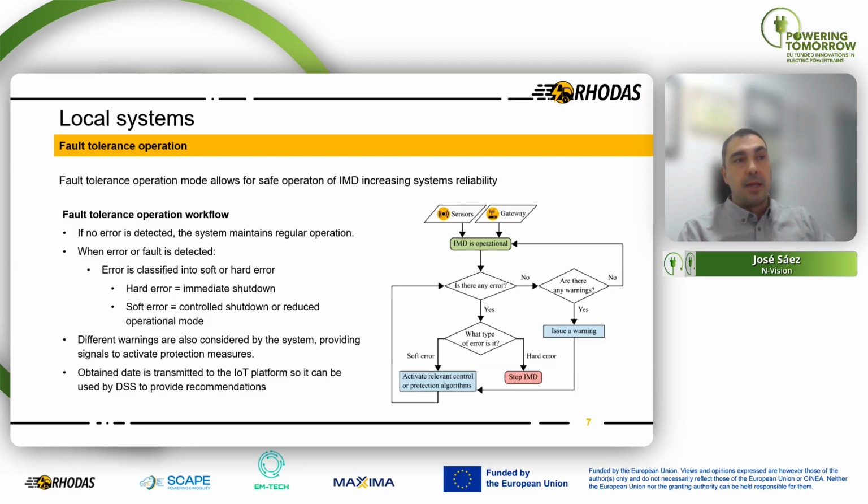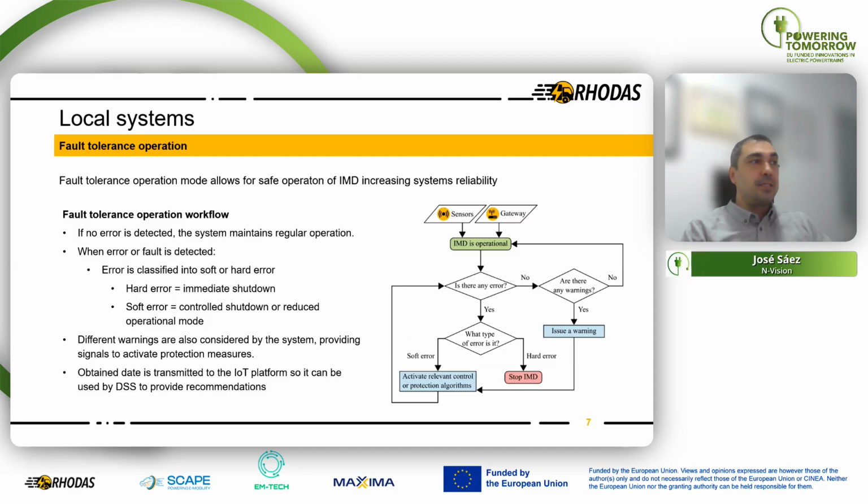An error flag is raised. Depending on the threshold that has been surpassed, we classify these errors into hard errors or soft errors. In the case of a hard error, the system requires an immediate shutdown, which is immediately managed by the microcontroller.